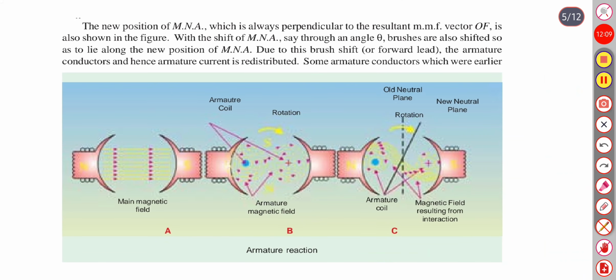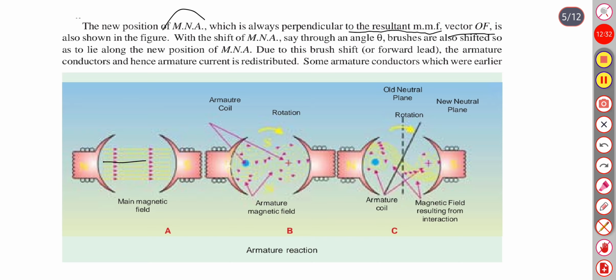The new position of MNA, which is always perpendicular to the resultant MMF or vector OF as seen in the previous slide, is also shown in the figure with the shift of MNA.